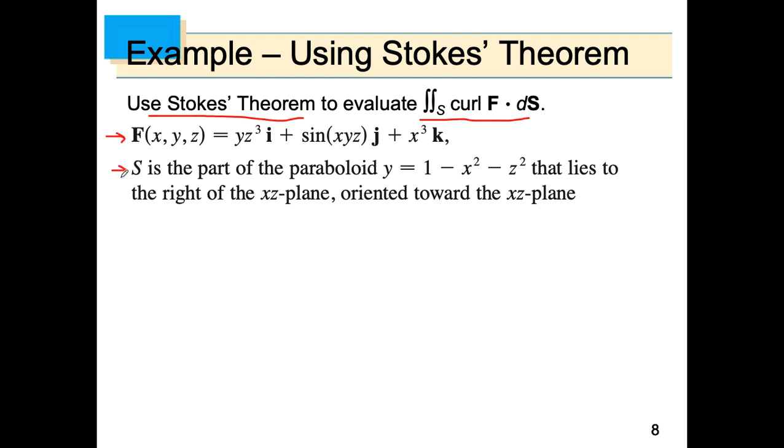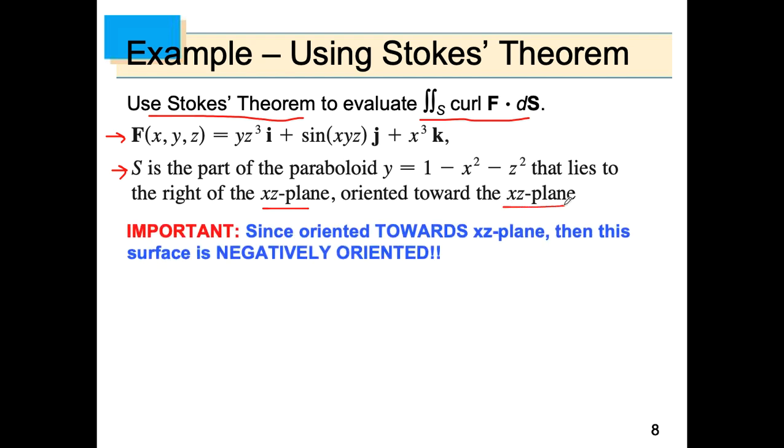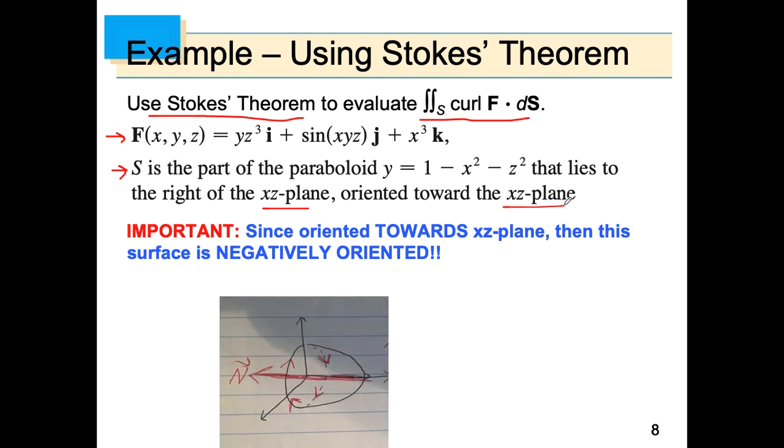Here's my surface S. My surface in this case is a paraboloid that lies to the right of the xz plane, and it's oriented toward the xz plane. Because of this, we have a surface that is negatively oriented. As you can see in this picture, here's my paraboloid, to the right of the xz plane, but it's oriented toward the xz plane.